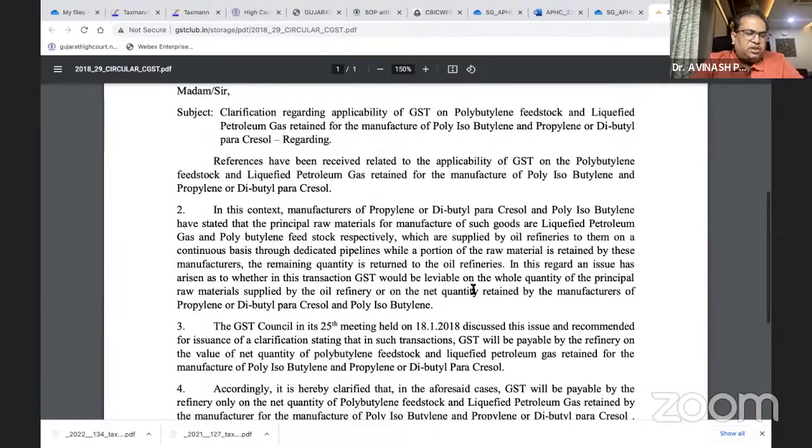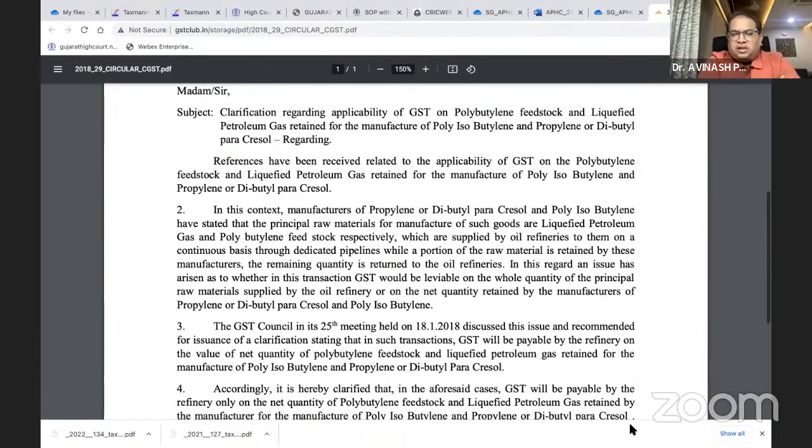These are the products which are there respectively as a raw material, which are supplied by oil refineries to them on a continuous basis through dedicated pipelines, while a portion of the raw material is retained by these manufacturers. The remaining quantity is returned to the oil refinery. So therefore, there is some quantity which is being retained and the rest of the quantity is being returned back.